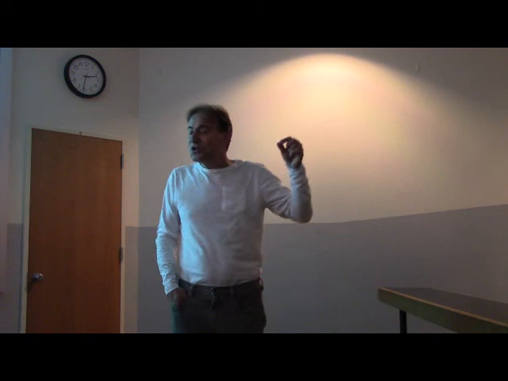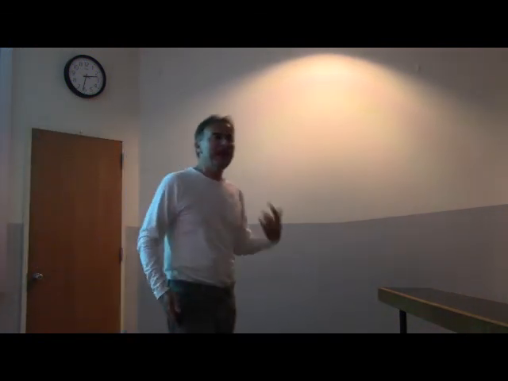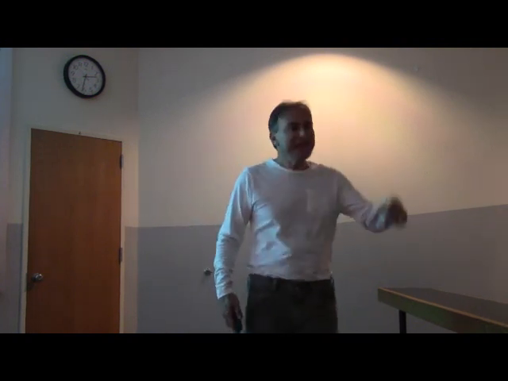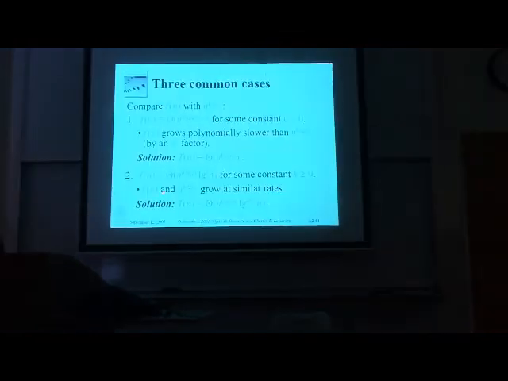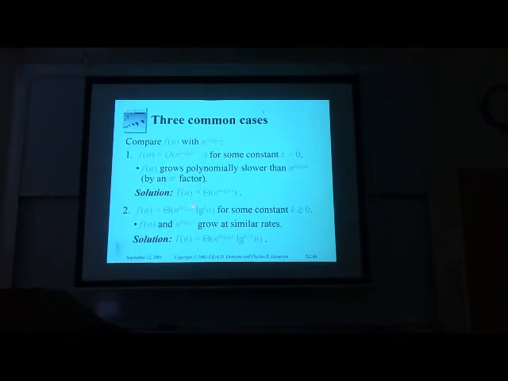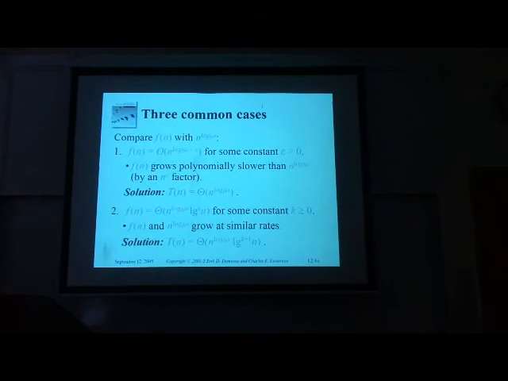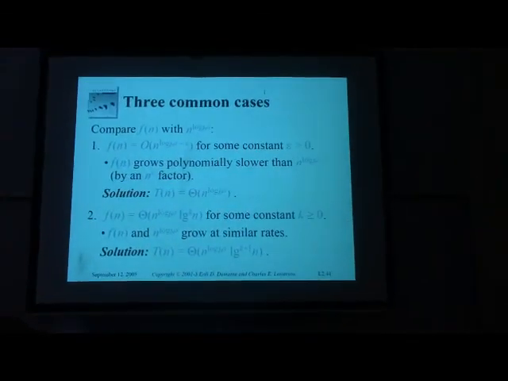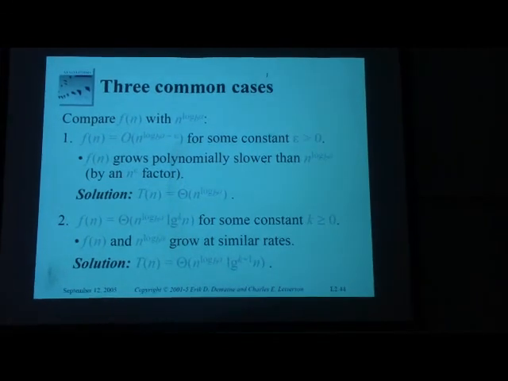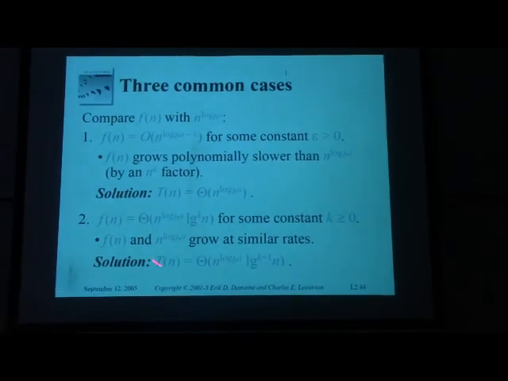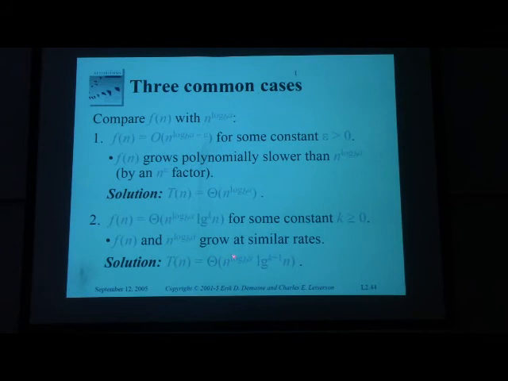You see what I'm saying? So n to the log base b of a for merge sort was n, and f of n was n. Therefore, f of n, which is n, is equal to n to the log base b of a times lg^0 n. That tells us that they are growing at similar rates. Therefore, the solution is that T of n is theta of n to the log base b of a.